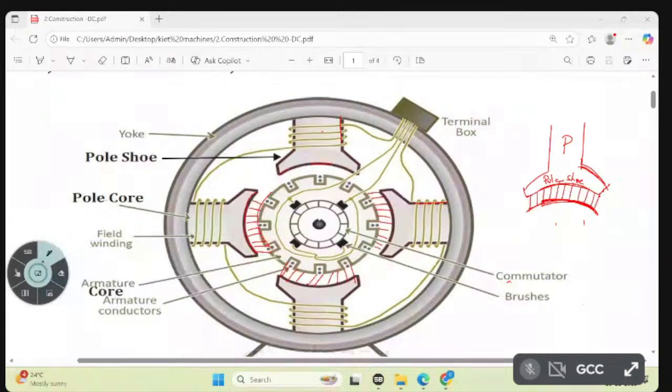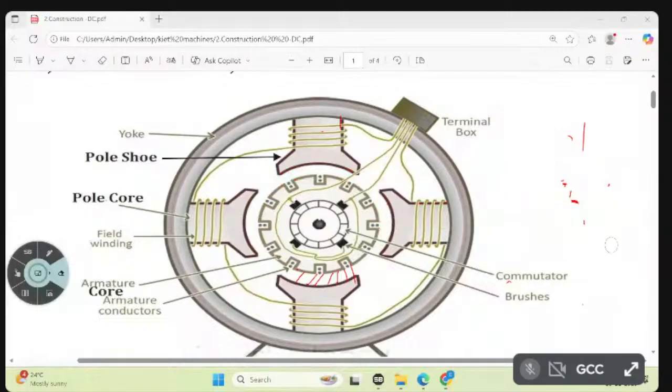So what is the function of the pole shoe now? In order to distribute the flux to the rotor conductors equally, we have to use the pole shoe.